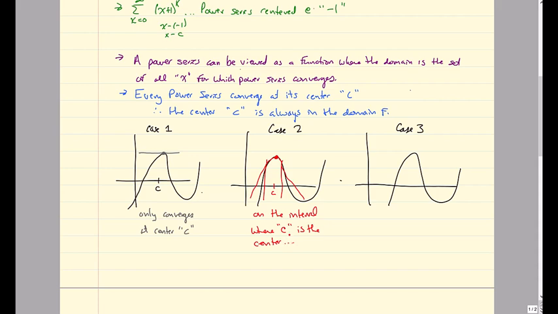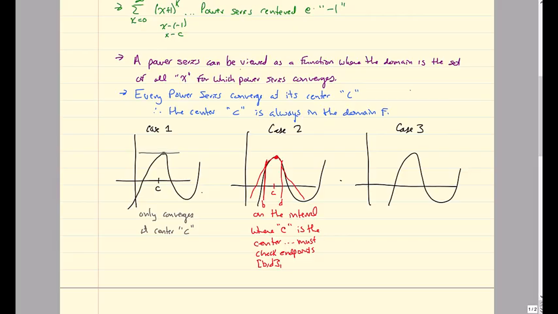Now what we don't know is about these endpoints. Let's say the left endpoint is B, where it's converging, and the right endpoint is D. So I have to check the endpoints, because I don't know about endpoint convergence. And we'll show you how to do that. I could have a situation where it converges, and I have brackets for B and D where C is the center.